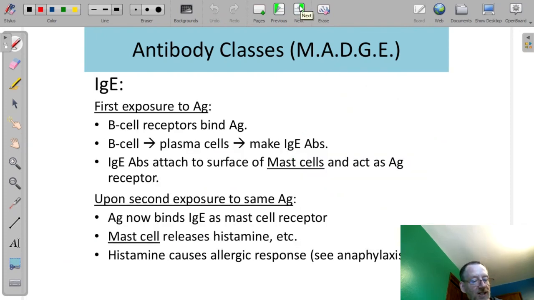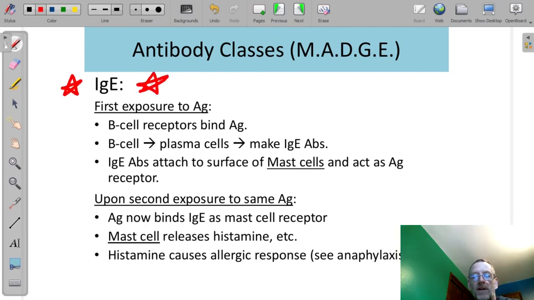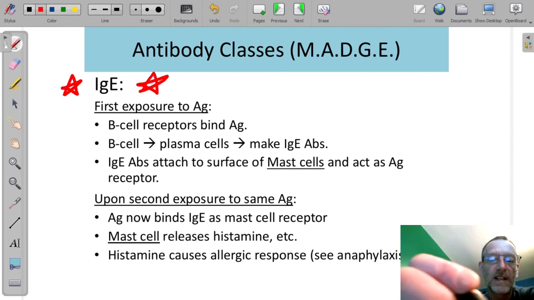And finally, IgE. And IgE is important for a number of reasons. So let's put a star by IgE. Things to remember is that it's involved in severe acute allergic reactions.